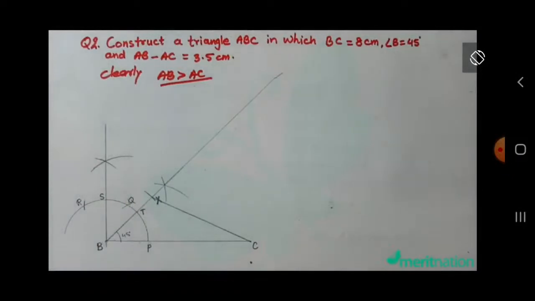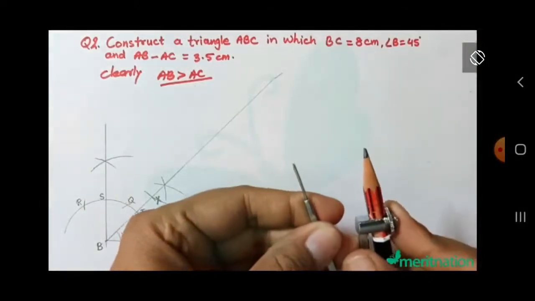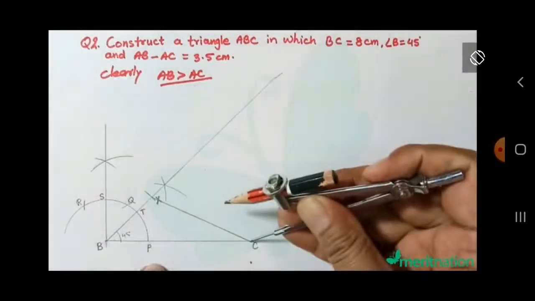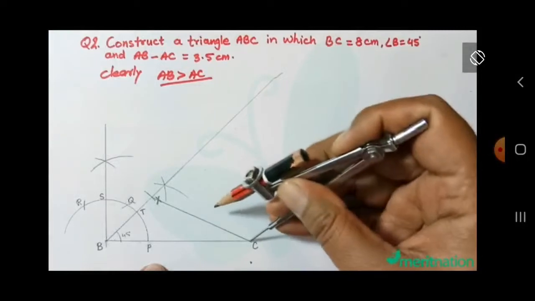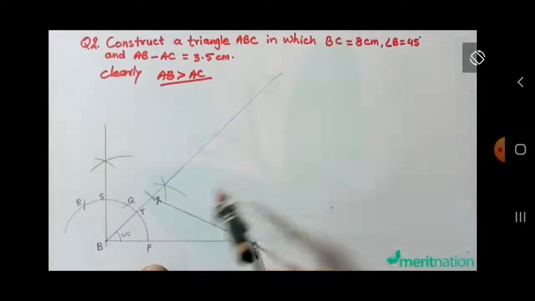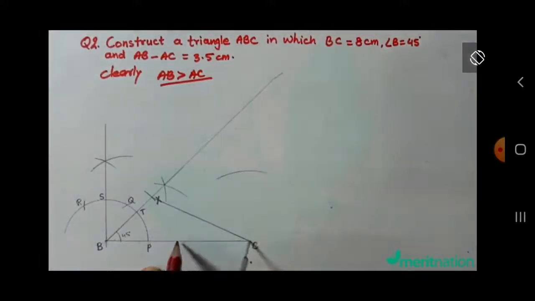Well, after joining X to C, I will construct the perpendicular bisector of X and C. So, stretch the compass approximately more than half the distance of XC. Take the arcs in both directions this way and here also.